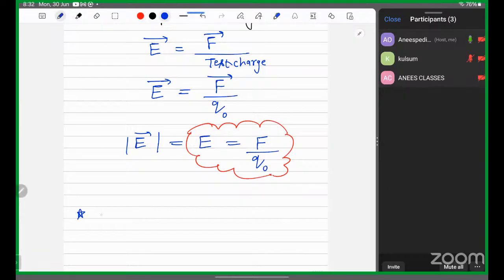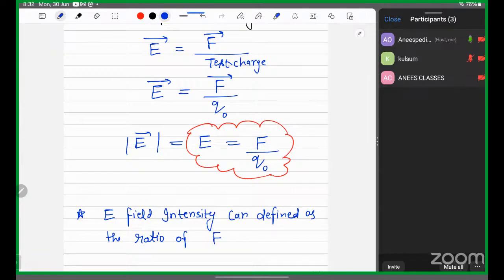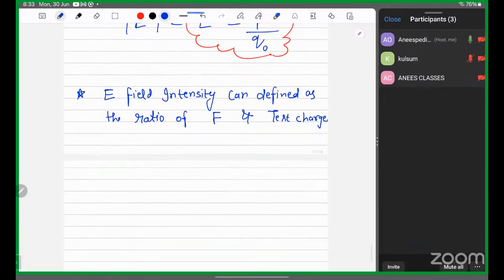First one: electric field intensity can be defined as the ratio of electric force F and test charge Q naught.